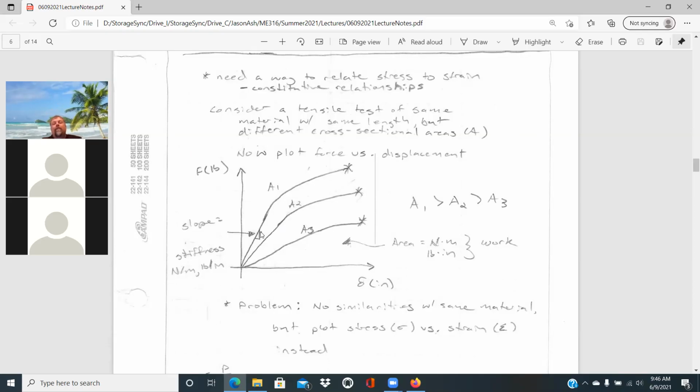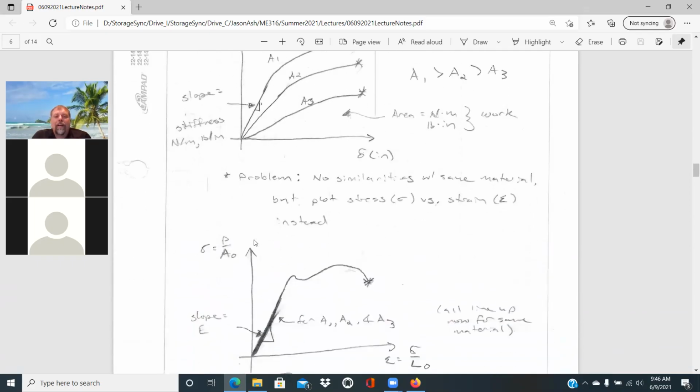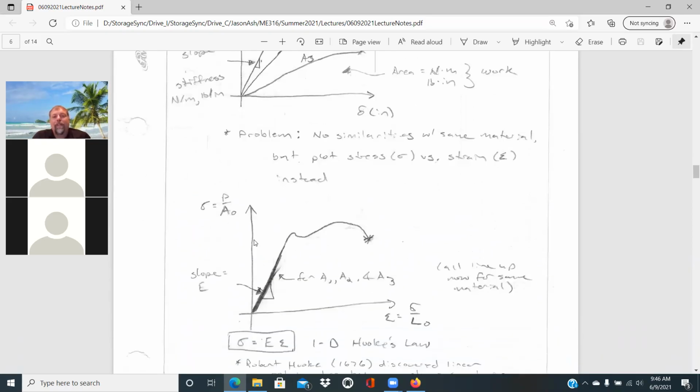What they realized several centuries ago is that there are really no similarities in this force versus displacement for the same material. So you really can't define stiffness as a material property since it varies based on geometry. But if you plot stress versus strain, instead of force versus displacement, all those different lines collapse onto the same curve for the same material.